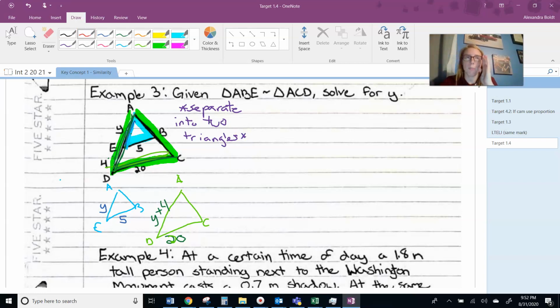So now let's set up our proportion. I want to start with the variable. That's usually where I like to start. Well, I have a variable here and a variable here. It doesn't matter which one you choose. It's just good strategy to start with a variable. So whichever one, let's start with our y. Why not? And y is between A and E, so that's going to be compared with AD.